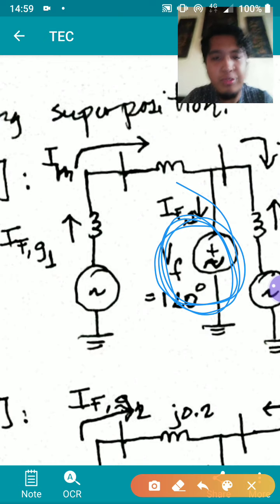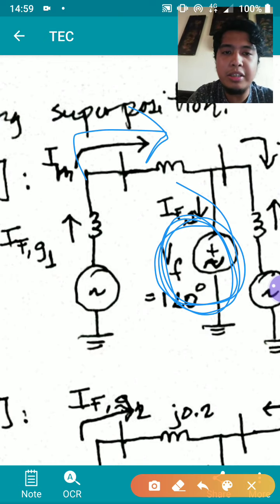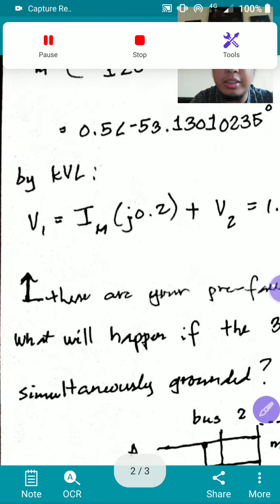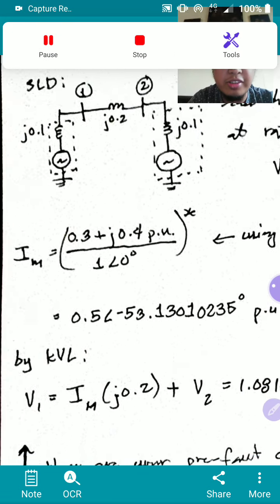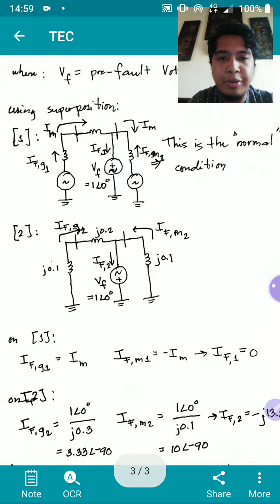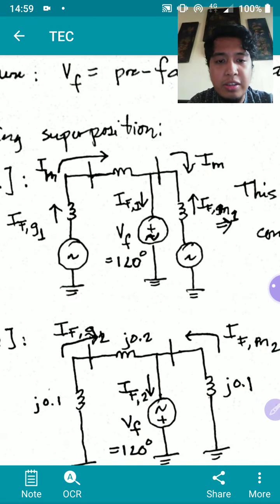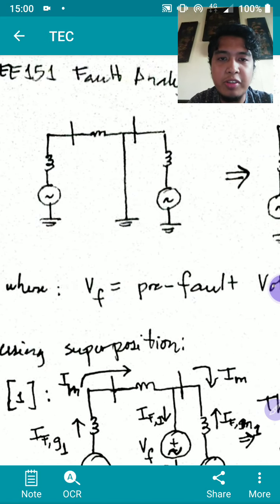So we already solved for this. We already know the IM here. So this is the IM, the load current under normal condition. Now, again, this circuit is your representation of this circuit.